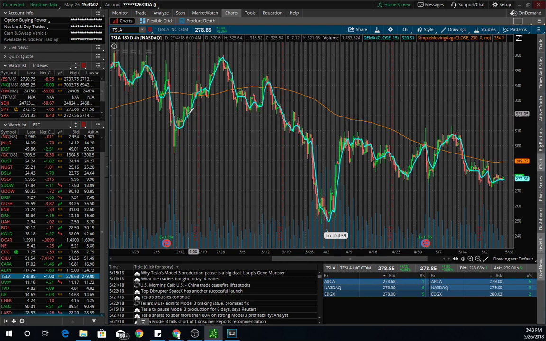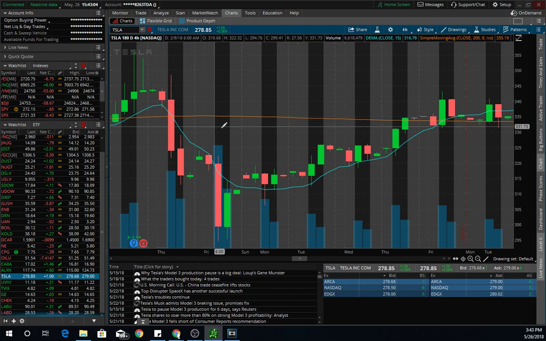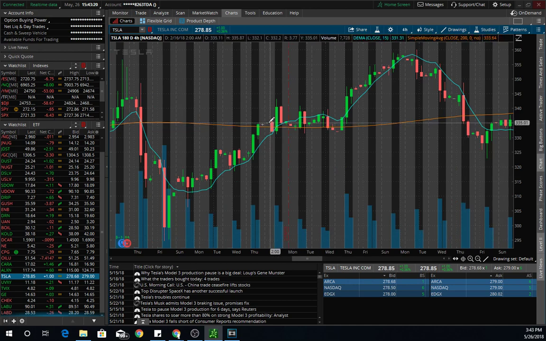Okay, it's uptrending. So for a swing trade, I would probably buy in the next day when it pulls back, set my stop loss somewhere down here, and then take profits at the SMA right here.